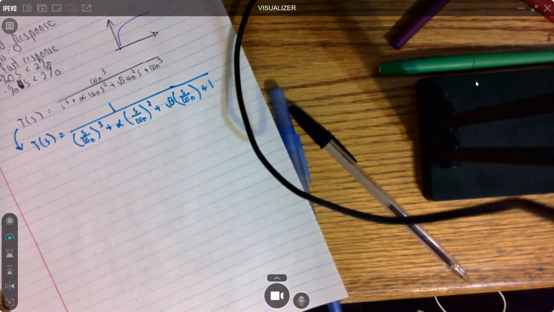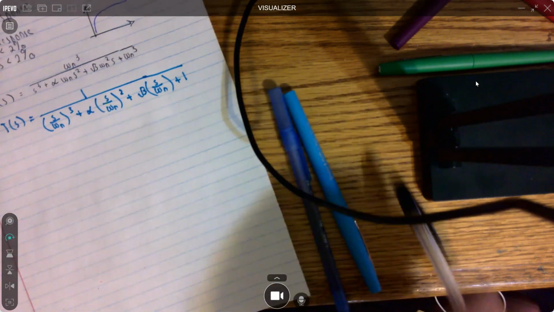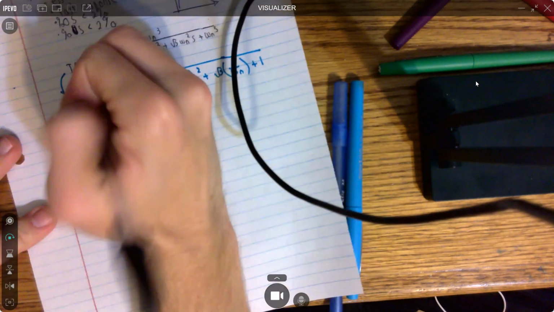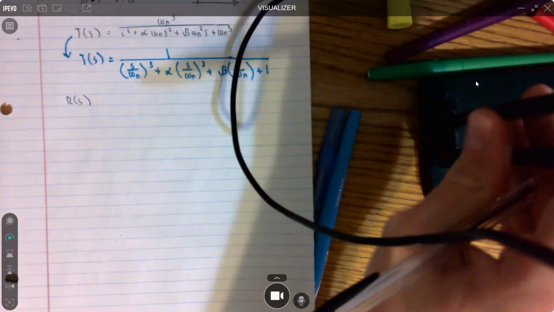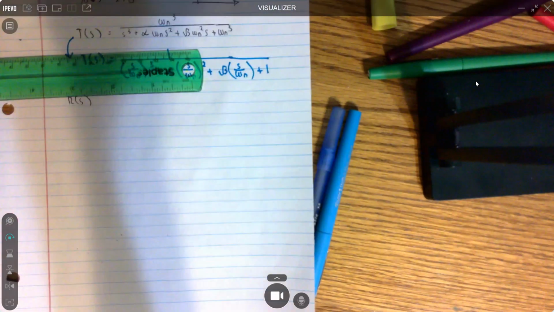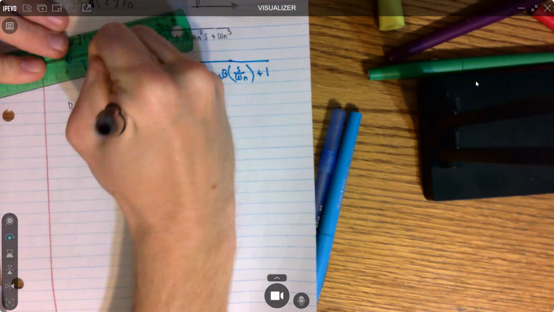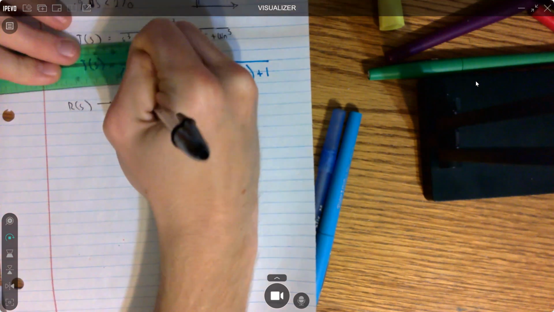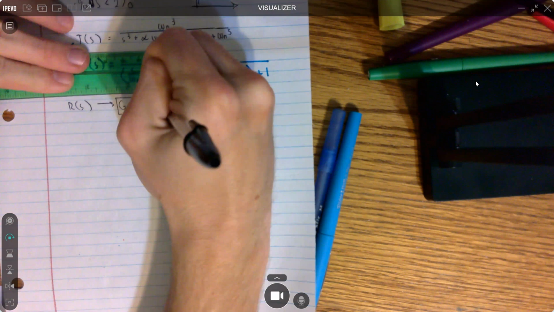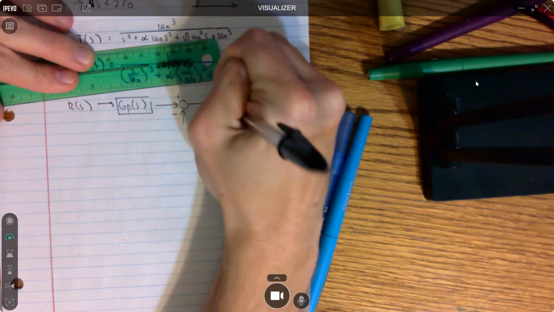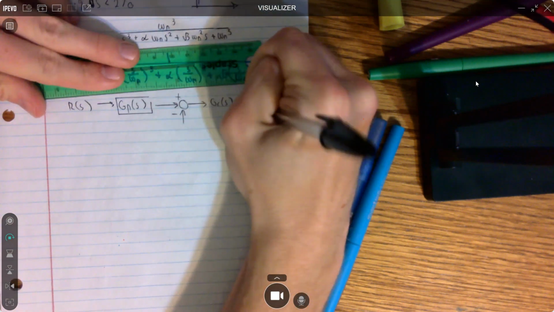Here, what we would specifically do is, let's say we have R of s, and it goes into our pre-filter, and then we have a summing junction, plus and then minus, then it goes into a compensator, GC of s, and then into a process, G of s, and it produces an output C of s.